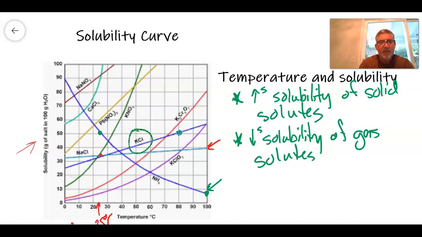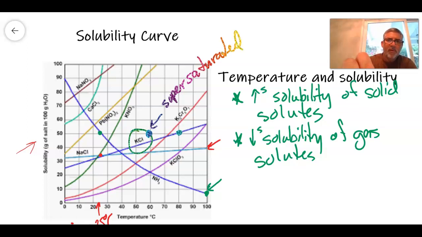So if I had 50 grams and I heat it past 80, and then I cool it to 60, and precipitate hasn't fallen out, this is now what we call supersaturated.